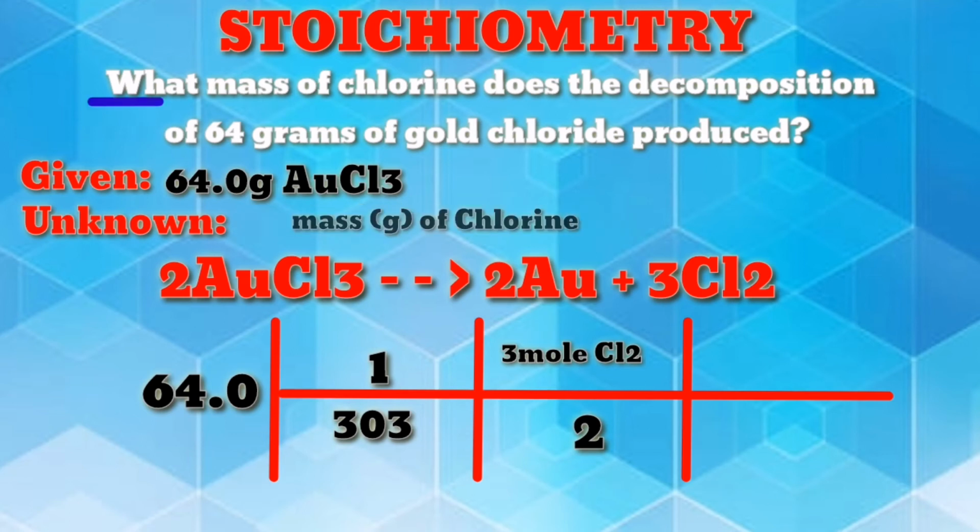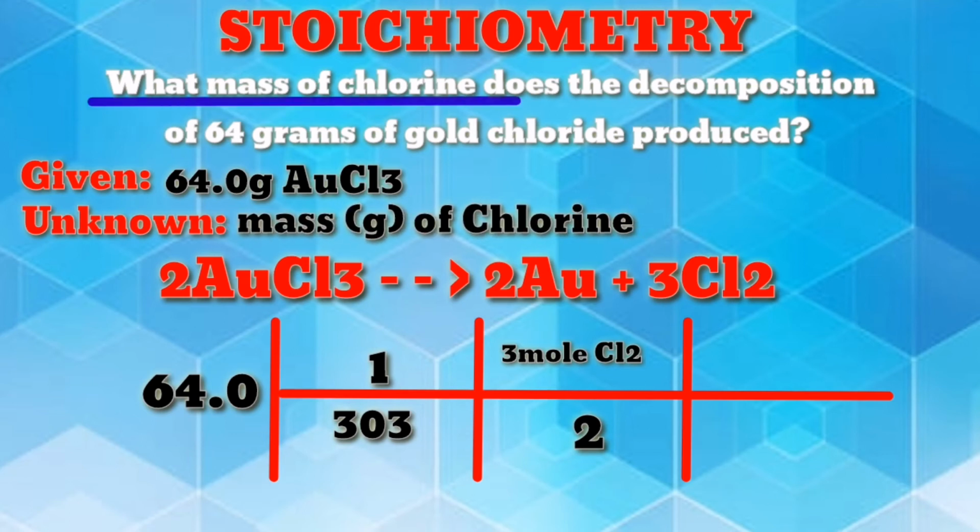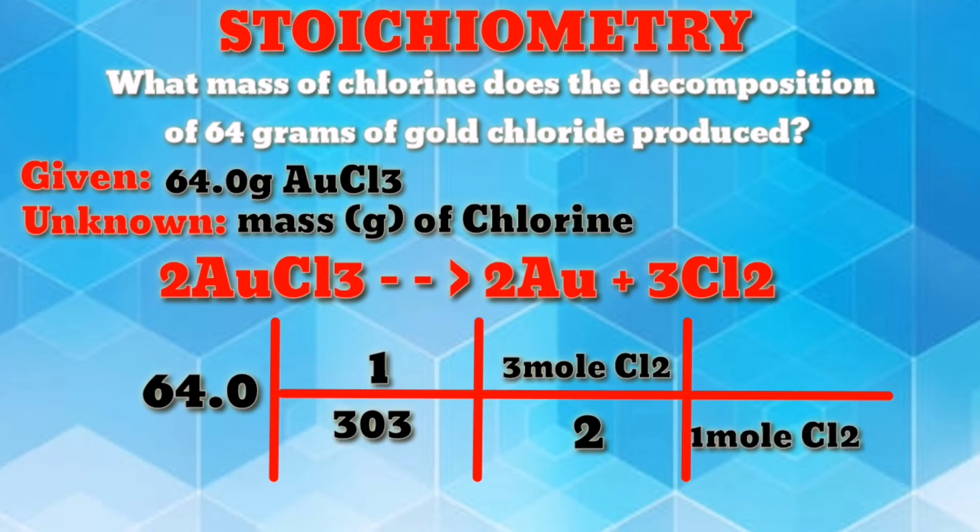The problem asked for the mass of chlorine as one of the products. We are just going to continue the solution. Since we have here 3 moles of chlorine gas, the same should be written below, mole chlorine gas. Lastly, get the molar mass of chlorine gas, which is 71 grams.